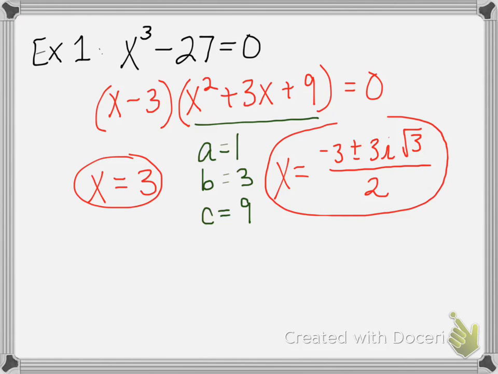These are your other 2 answers. And notice the reason I said other 2 answers is because of the plus or minus. That makes it 2 different imaginary solutions. So you have 1 real solution here and 2 imaginary solutions here. And we got those from using the Algebra 2 program on the calculator.